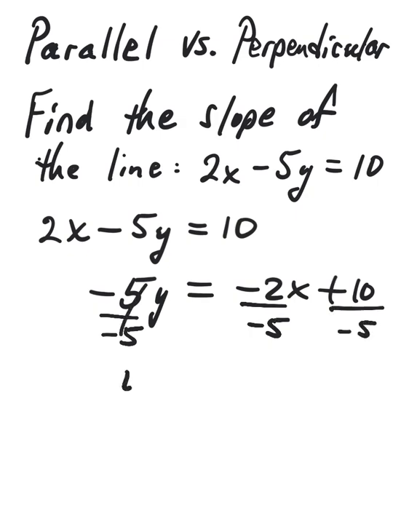And that's going to give us y equals, 2 negatives in the same fraction make it a positive 2/5. One negative in a fraction makes it negative, so just be careful there. Our slope is 2/5.